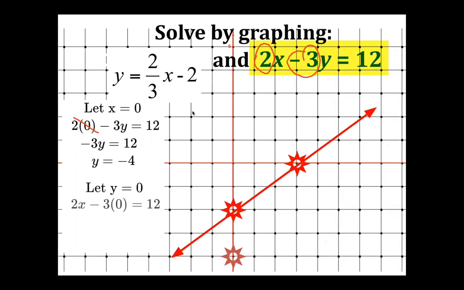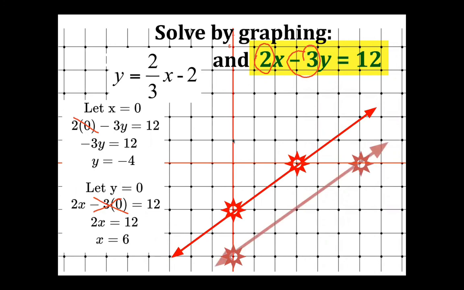So you have 2x minus 3 times 0 equals 12. -3 times 0 would just cancel out, so you're left with 2x equals 12, and now you can divide both sides by 2 to isolate x, and now you have x equals 6. So plot your x-intercept.